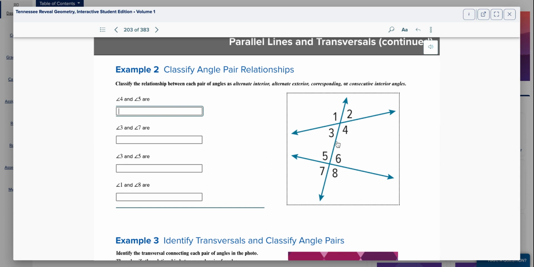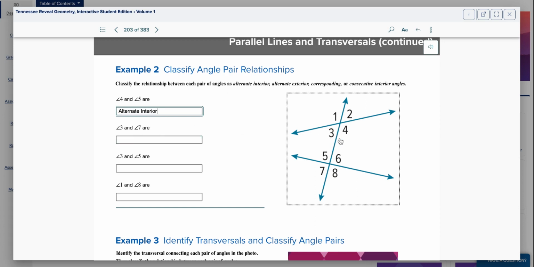Now, the only choices are same side interior or alternate interior. So ask yourself, are they on the same side of the transversal or on different sides of the transversal? Well, 4 is on the right of the transversal. 5 is on the left. That makes them alternate angles. So they are alternate interior.